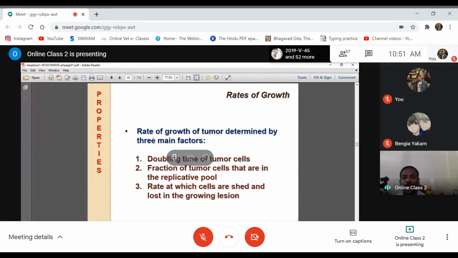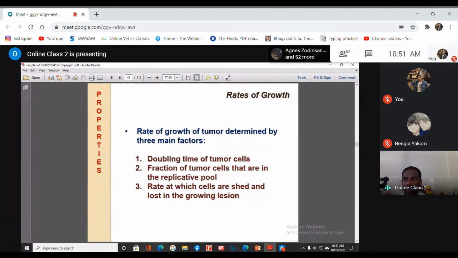The rate of growth of a tumor is determined by three major features. One is the doubling time of the tumor cell. Then the fraction of the tumor cell that is in the replicative pool. Then the third feature is the rate at which the cells are shed or lost in the growing lesion.